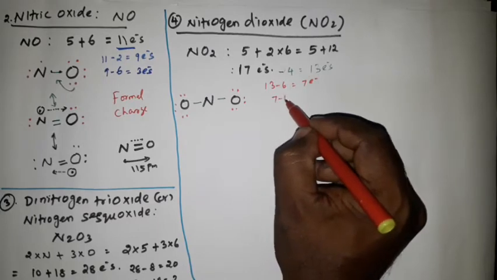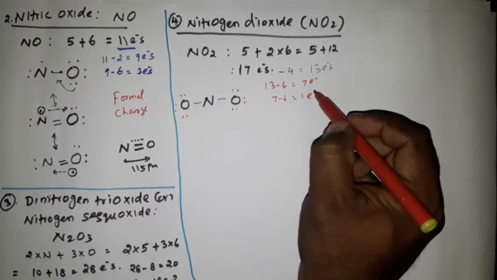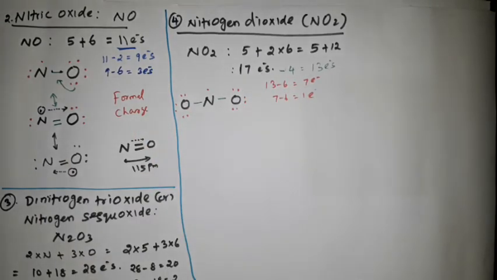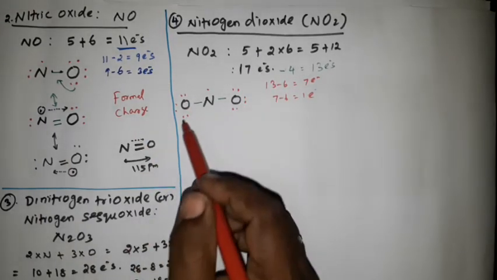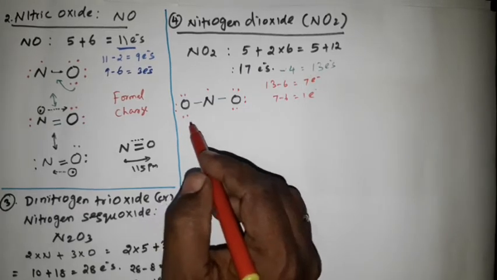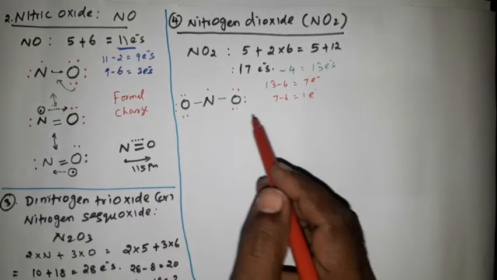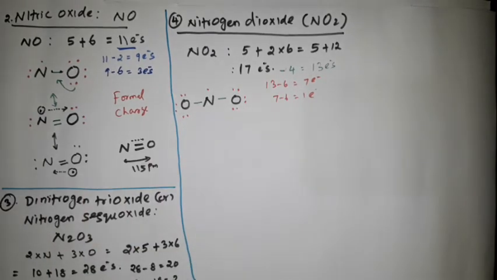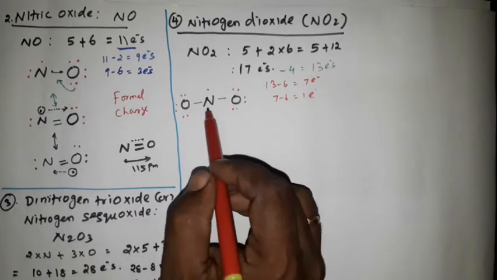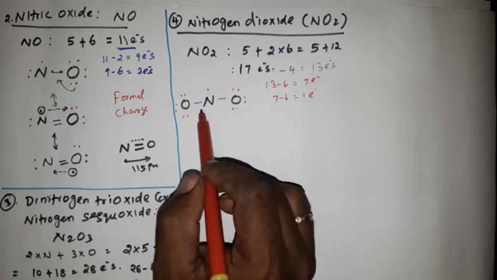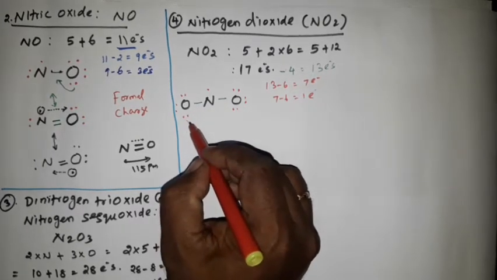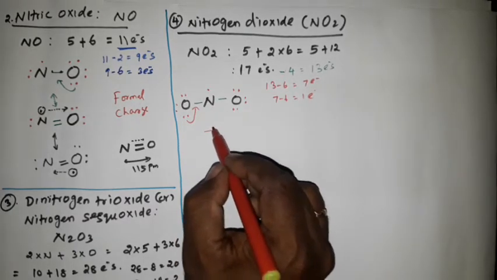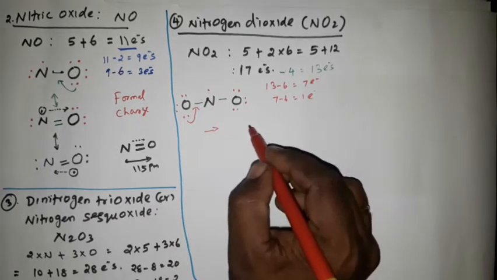Now 7 minus 6, 1 electron is remaining. This 1 electron will go to this central atom, nitrogen atom. Okay. So 2, 4, 6, this oxygen 8 electrons completed. Then you see this side oxygen also 8 electrons completed. Now here this nitrogen has to complete octet. For that this lone pair can be converted to bond pair. Then that structure can come like this.